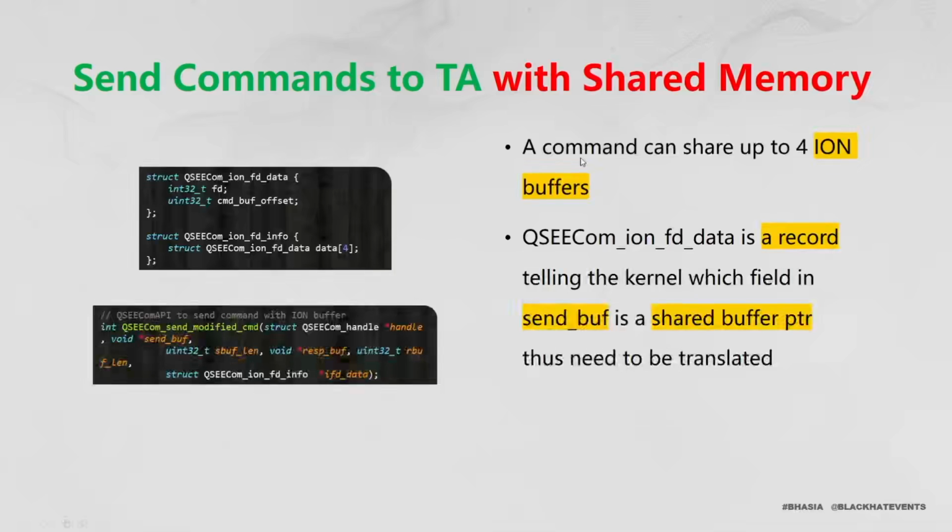But if shared memory is implemented, a new field will be introduced. Here, the QTEE ion fd info. It is actually a record that contains up to 4 ion buffers, which will tell the kernel which part of the send buffer is actually a virtual address of shared memory.